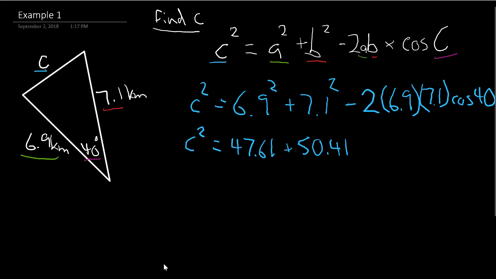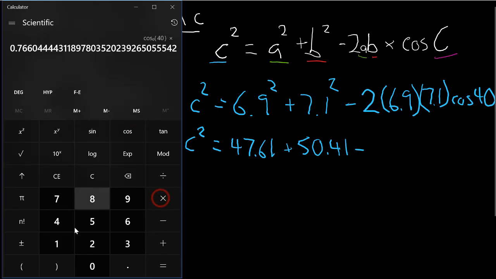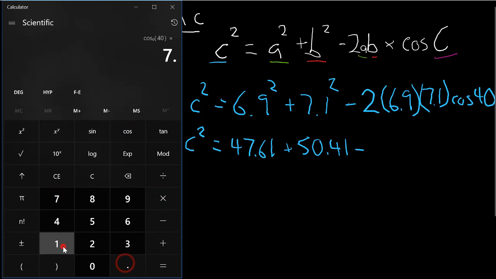So 50.41, and then subtract. And I could probably do all these calculations, and you want to be very careful. I'm actually going to start with cos 40 and work my way backwards because that's easier on this calculator. So 40, cos of that gives me that long decimal times 7.1.